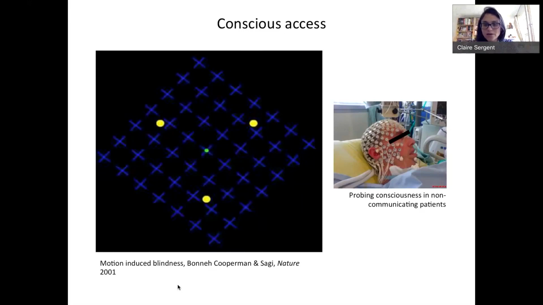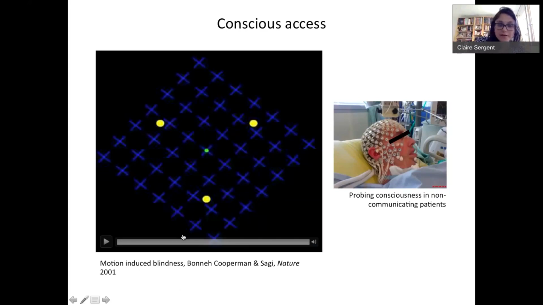So I won't be too long on that because I think you all know what I'm talking about, but I'm talking about unresponsive wakefulness or minimally conscious states. So these patients that seem to be awake to some extent, but for whom clinical examination is sometimes not enough to determine whether they are conscious or not.